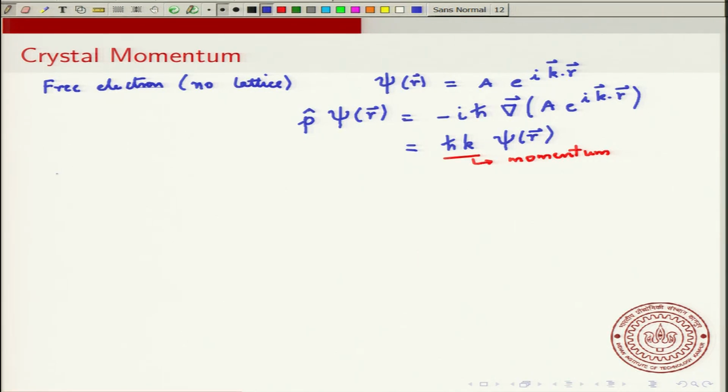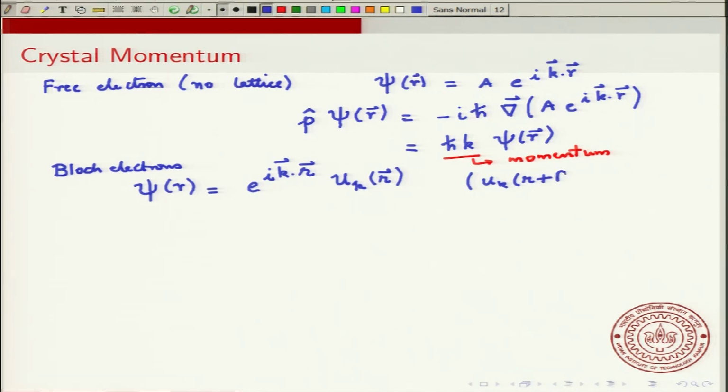Now, what about Bloch electrons? Now, we have psi of r given by e to the i k dot r multiplied by some periodic function u k of r, where u k has the periodicity of the Bravais lattice, u k of r plus R equals u k of r, for any R contained in the Bravais lattice.